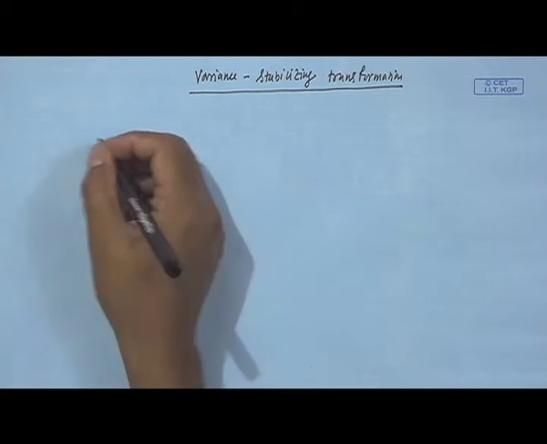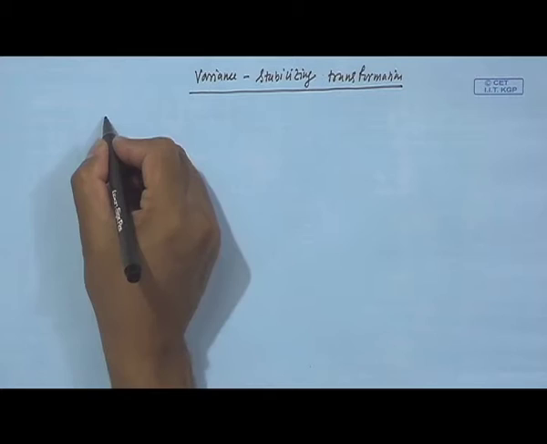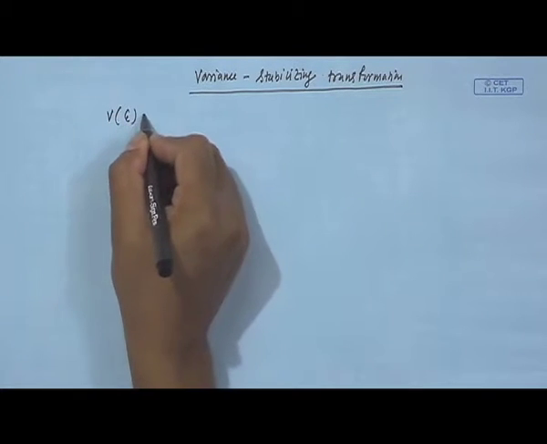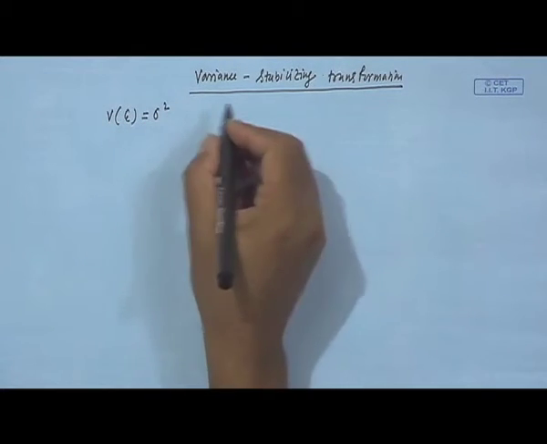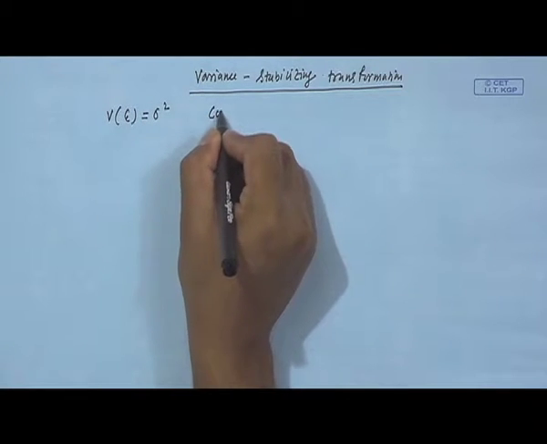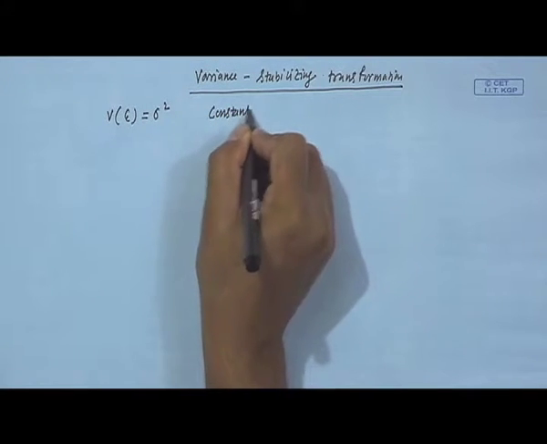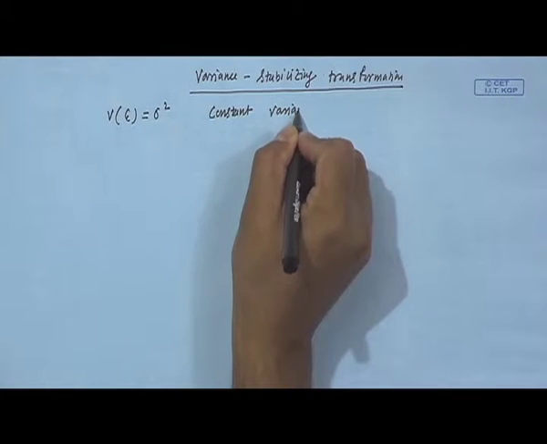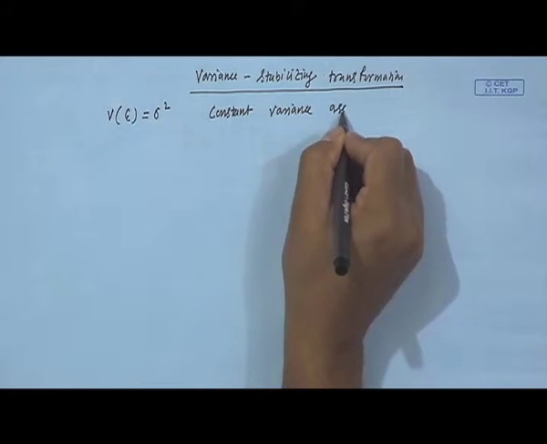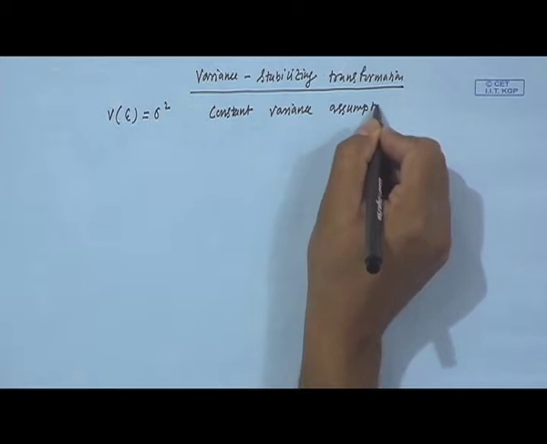Okay. So, what we assume is that variance of epsilon is equal to sigma square. So, this is what is called the constant variance assumption.